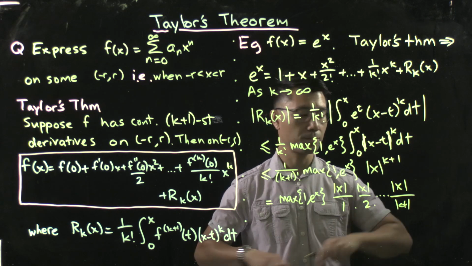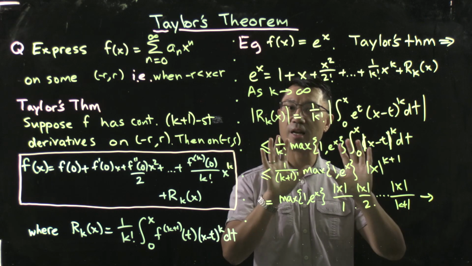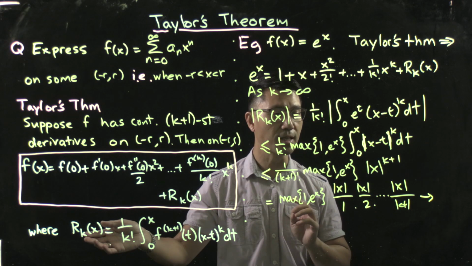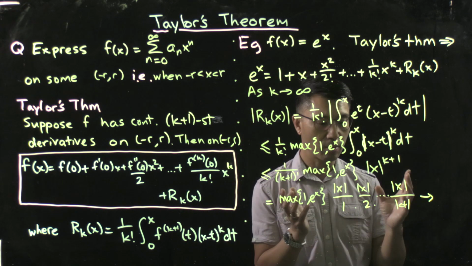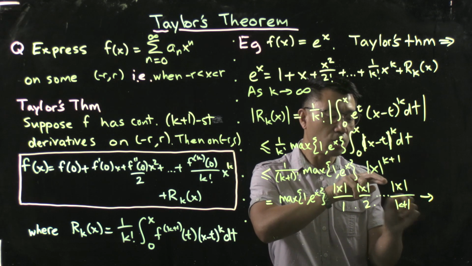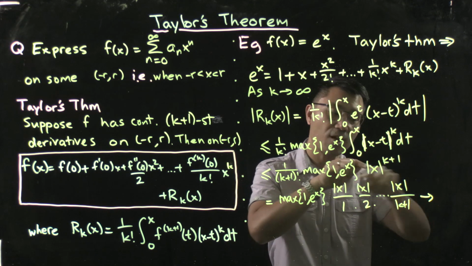And what do we know? So the key thing to realize here is that we're going to look at this for each and every value of x. And what I want to say is that for each and every value of x, this is going to go towards 0. So why is that? Well, once you fix this absolute value of x, there will be a time when these denominators keep getting bigger and bigger, but the numerators here stay fixed.